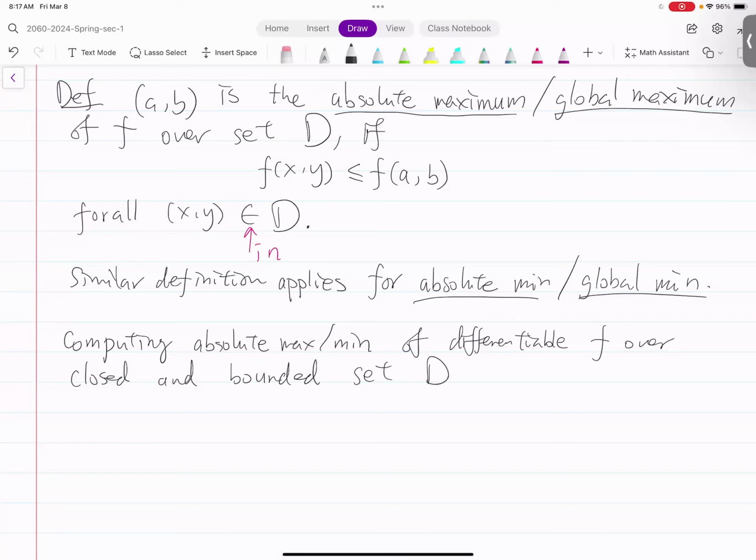When it's closed, it basically just means that it has boundaries. When we say it's bounded, it just means it's finite, a finite set in extent. It will not blow up.